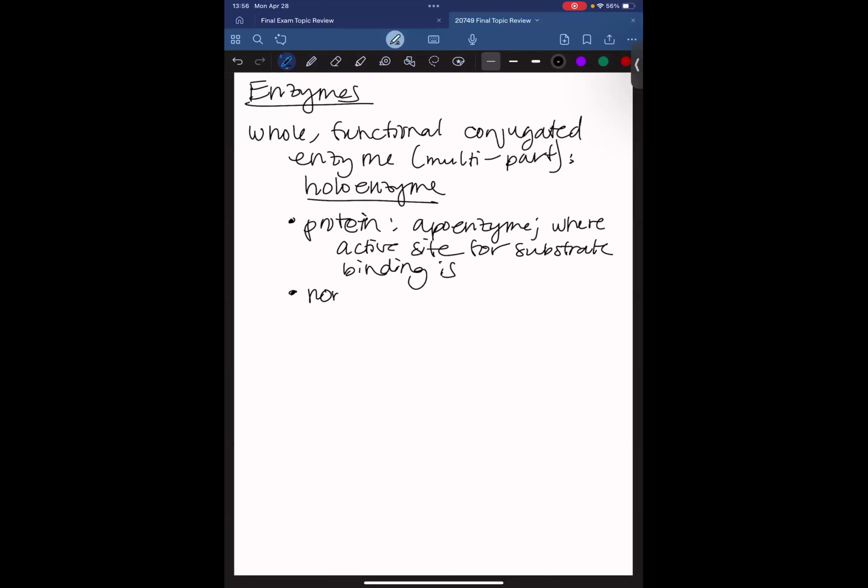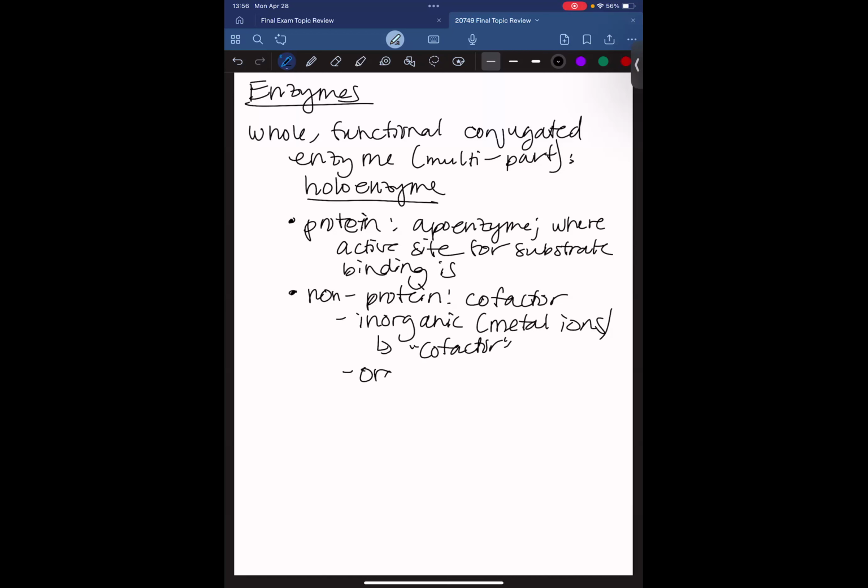The non-protein portion is called the cofactor. This can be inorganic, like we see with metal ions. In this case, we just call this a cofactor.